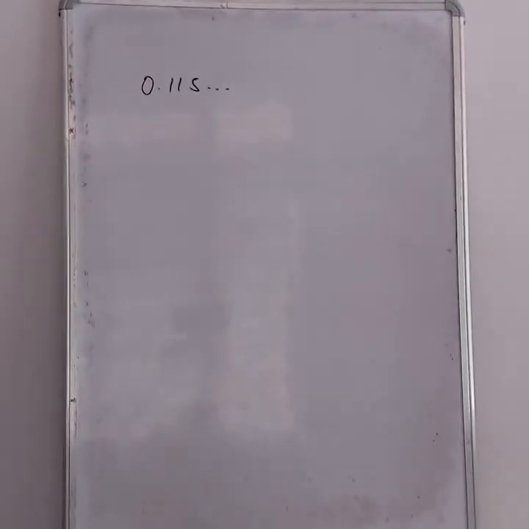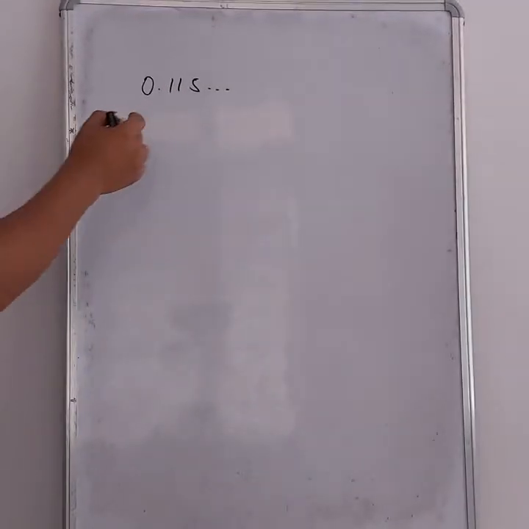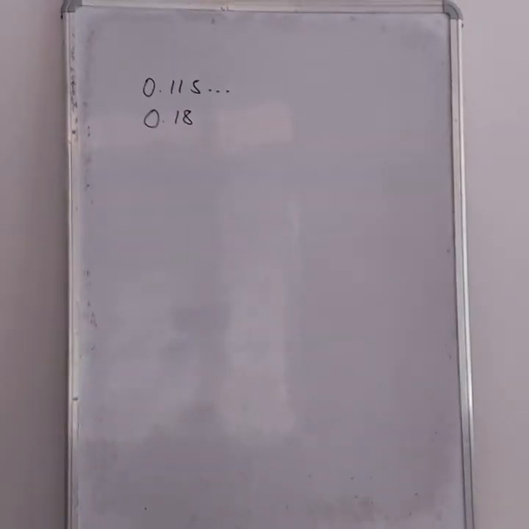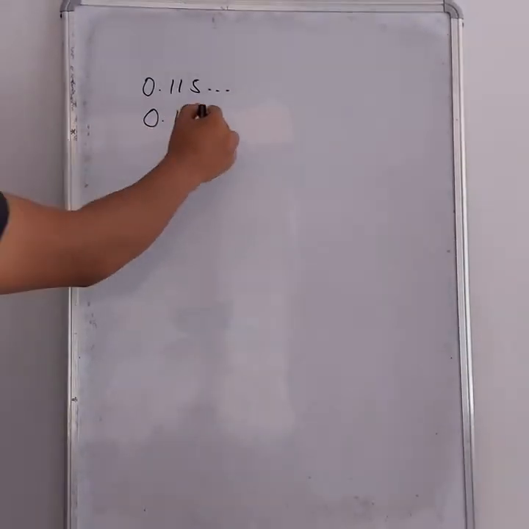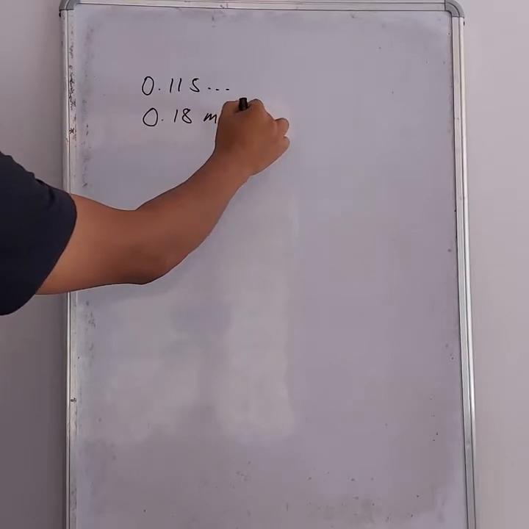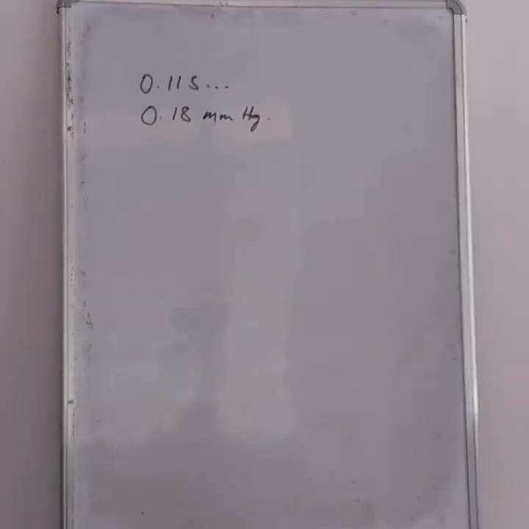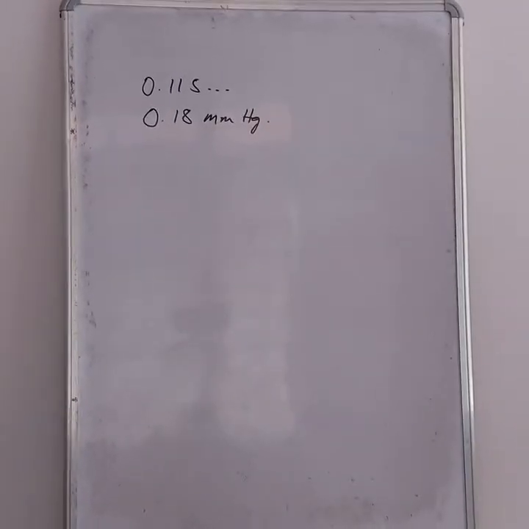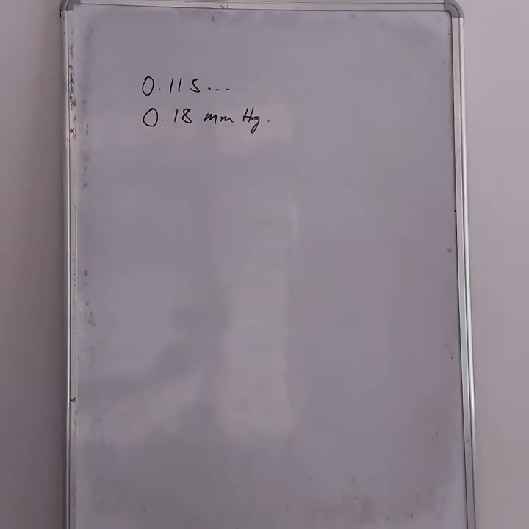I think somewhere you have made a mistake. The short answer is somewhere around 0.18 millimeters of mercury. I think you missed out on the arithmetic part, so you just check on it.